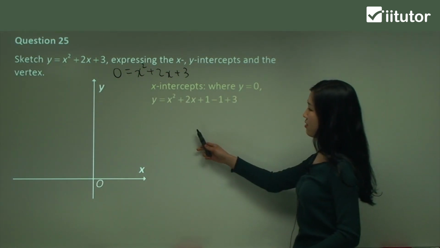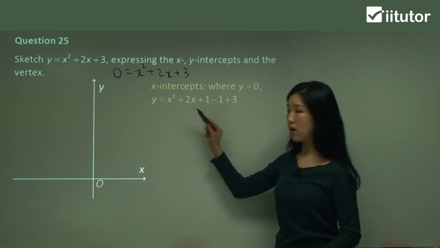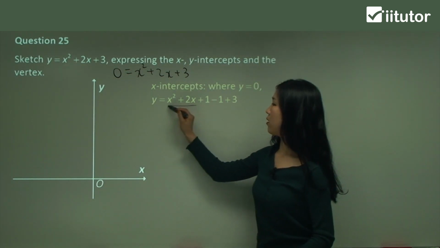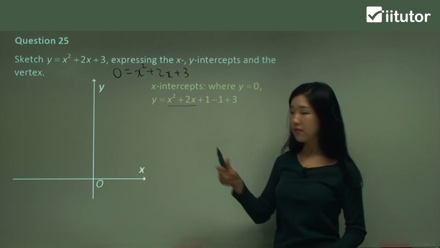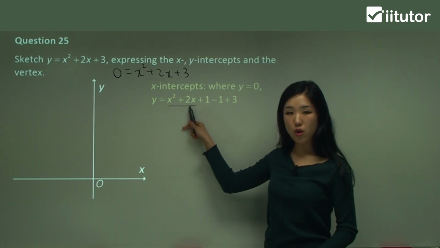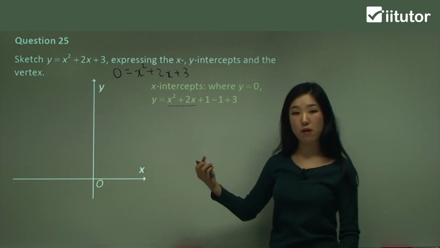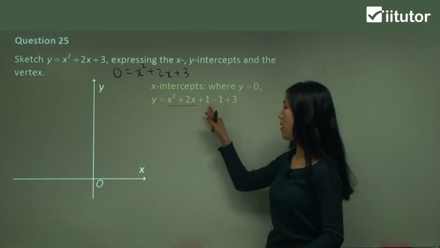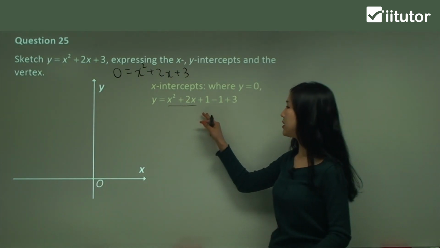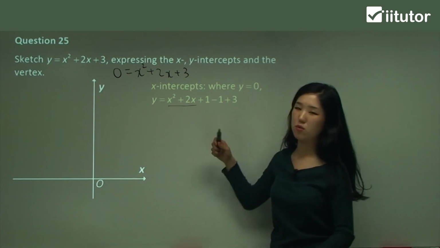So I use completing the square by going x squared plus 2x, and remember with completing the square we always look at the coefficient of x. The coefficient of x is 2, we divide that by 2 and then square it, right? 2 divided by 2 is 1, 1 squared is just 1, so I added 1, and because I'm adding something I'm going to subtract it back, so 1 minus 1 is 0.